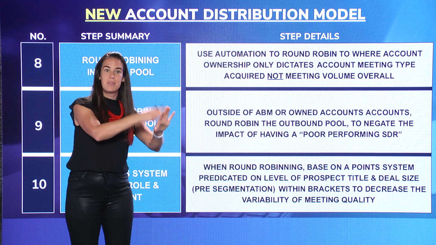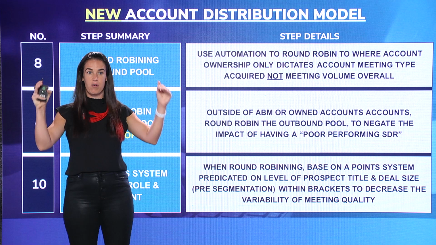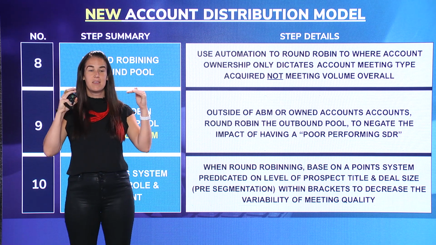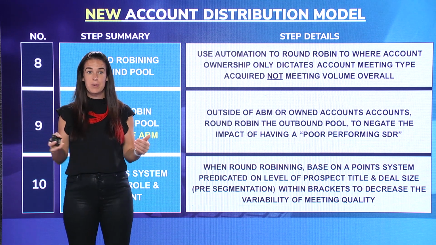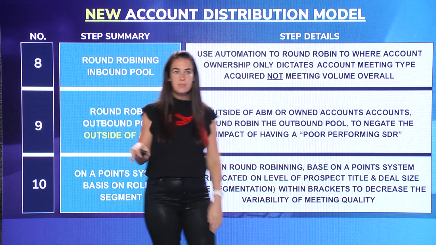So I'm going to skip this first rep twice so I can equal the amount that they're getting overall, with the out of segment demo requests. And if you use Chili Piper, there's a really easy way to do it to make sure that all of your reps have the same amount of inbound pool.